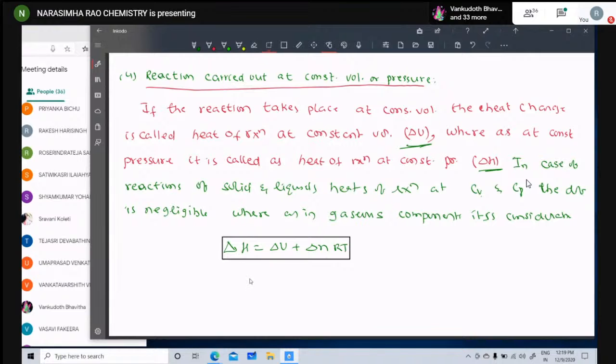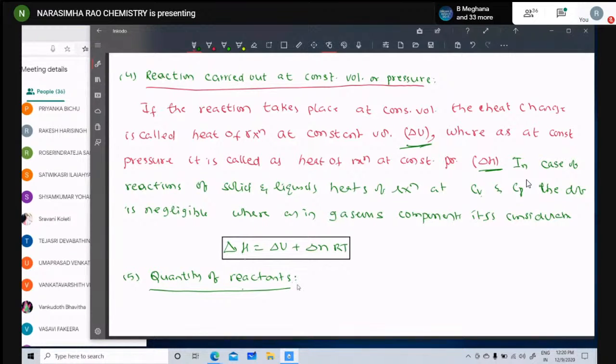Right, children. Now finally, the fifth factor is quantity of reactants. This enthalpy is an extensive property.